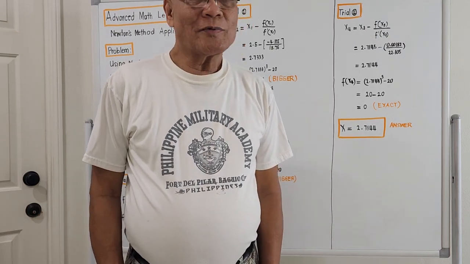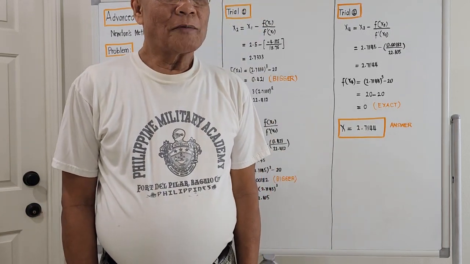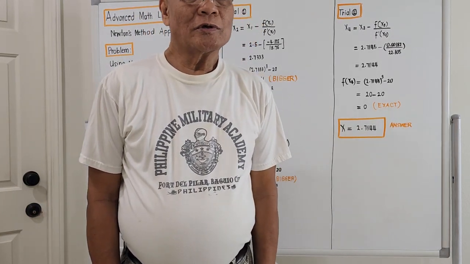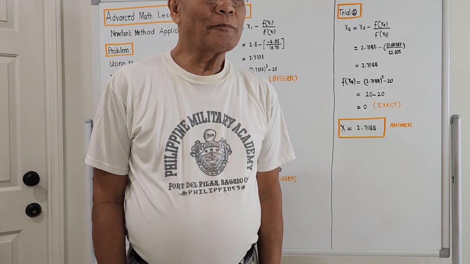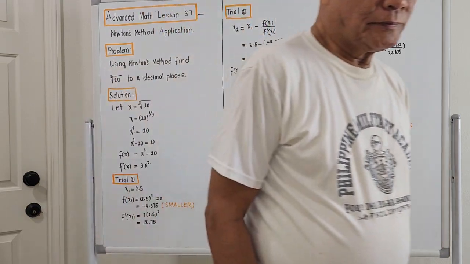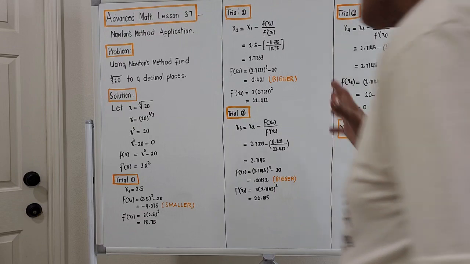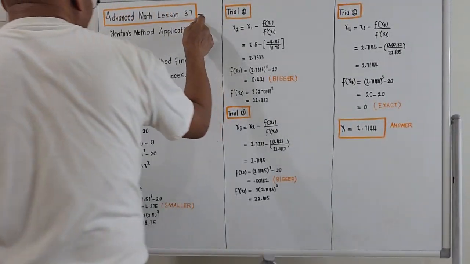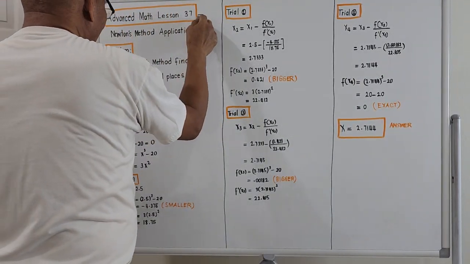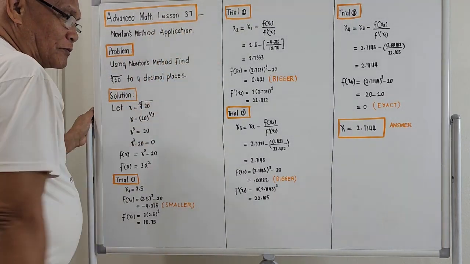My topic for tonight will be an example application problem on the so-called Newton's method of approximation in advanced mathematics. I will check my camera. We are now on lesson number 37, advanced mathematics, Newton's method application problem.